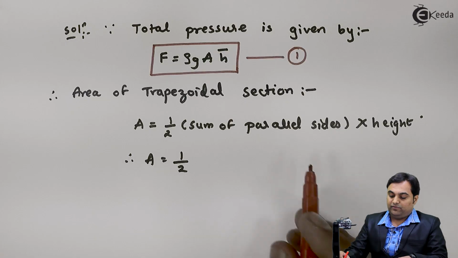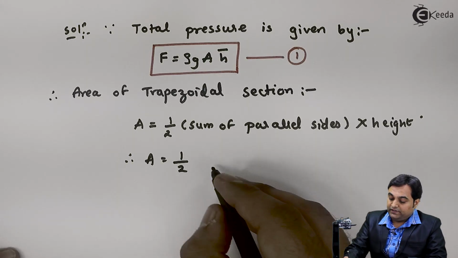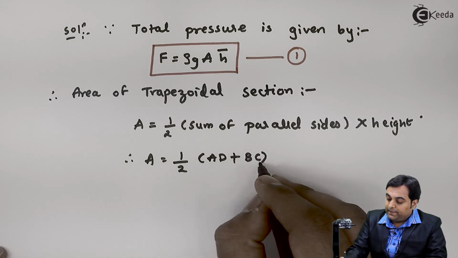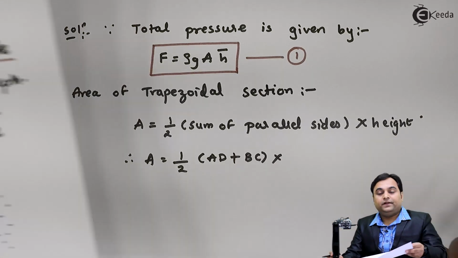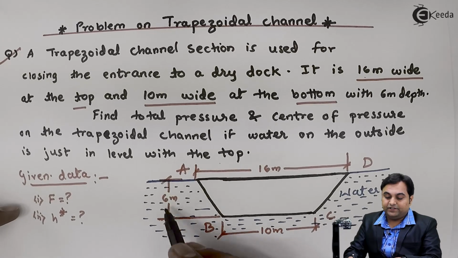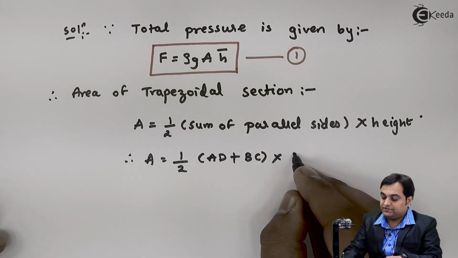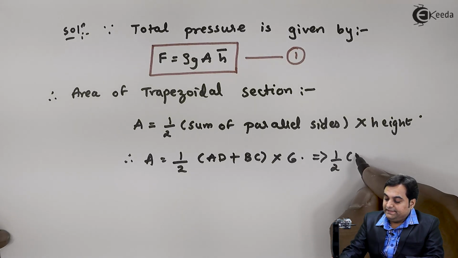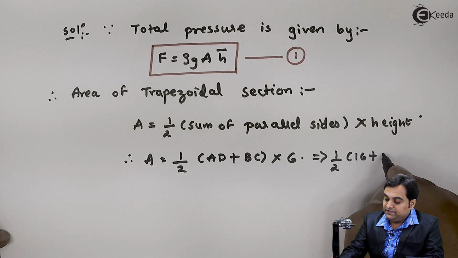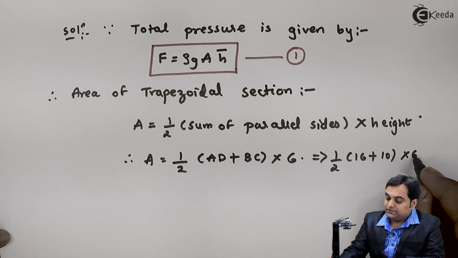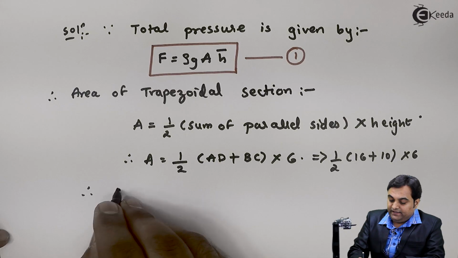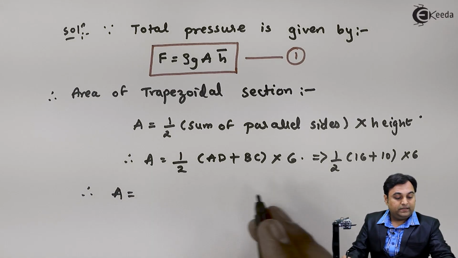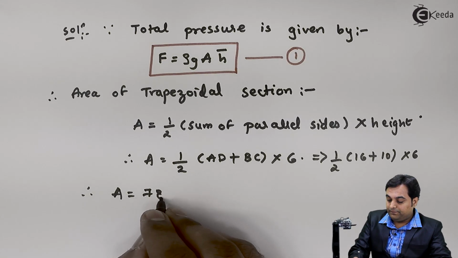So half into the sum of parallel sides means AD plus BC into height. Height is given as 6 meter in the problem. So half into AD is 16 plus BC is 10 into 6. Finally the area comes out to be 78 meters square.